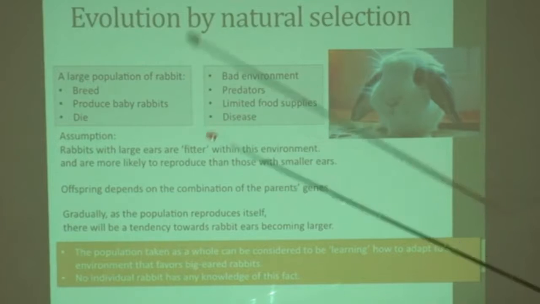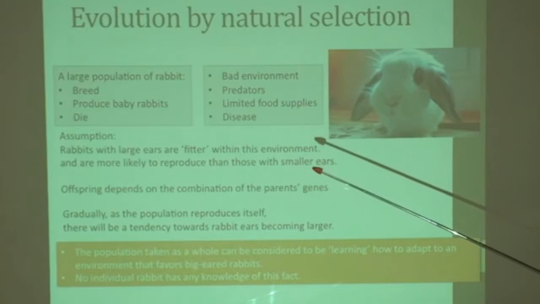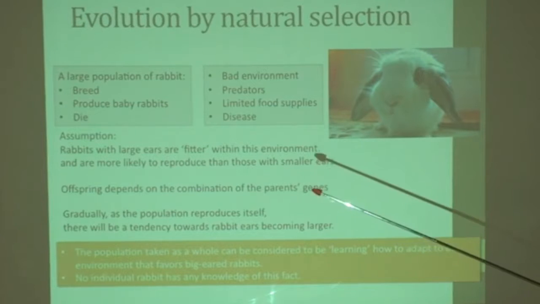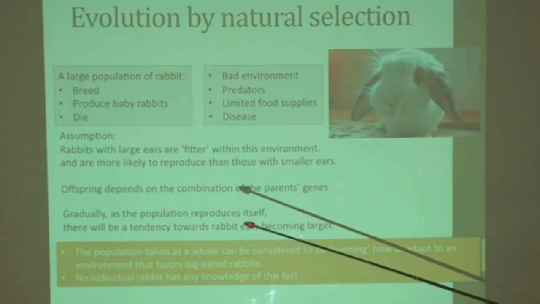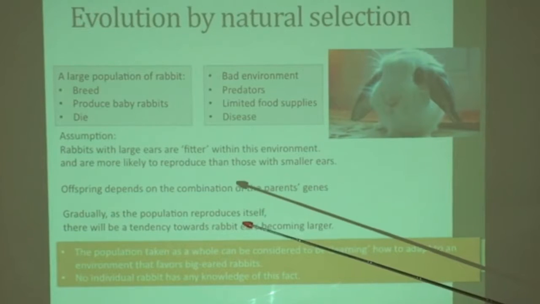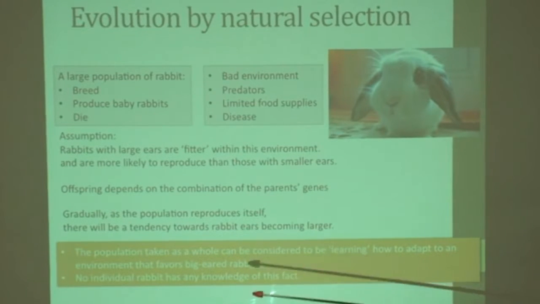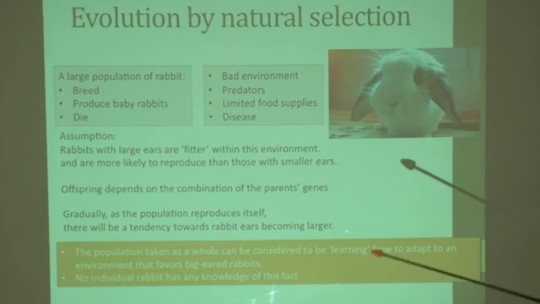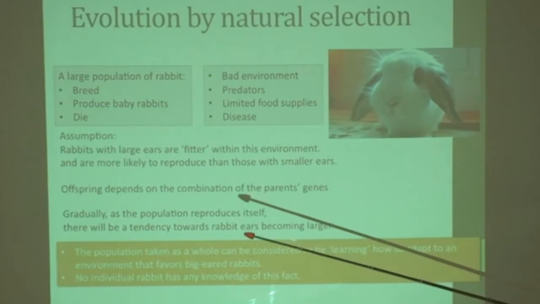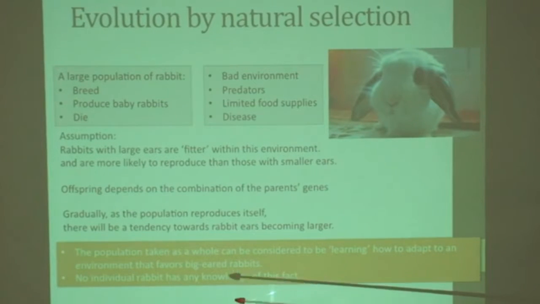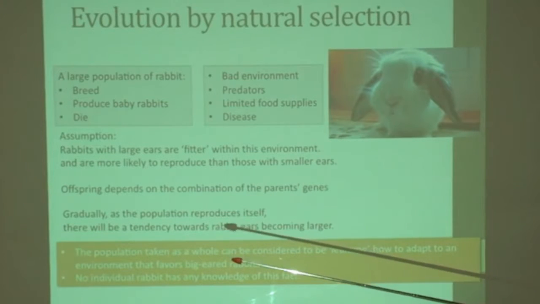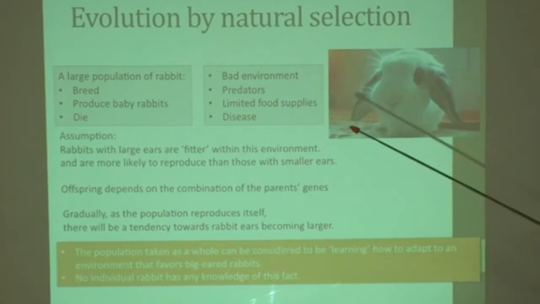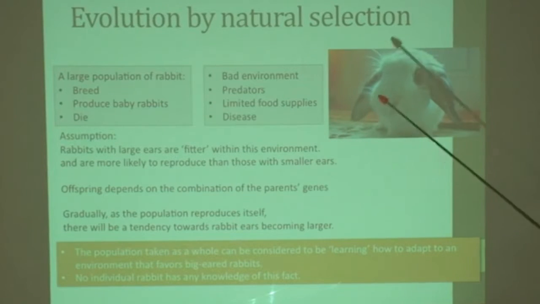This is the concept of evolution: those individuals which can better adapt to the environment will have a bigger population. In this learning process, the population as a whole can be considered to have learned how to adapt to the environment, but at the individual level, they do not have any knowledge of this fact. So this is the concept of evolution and some of its characteristics.